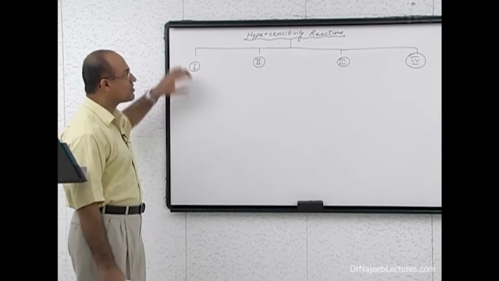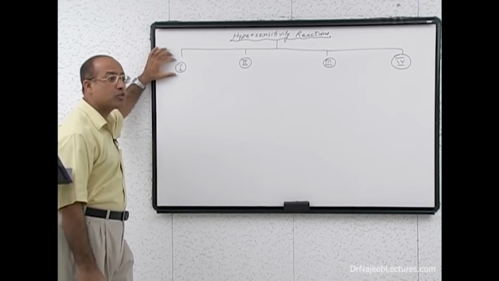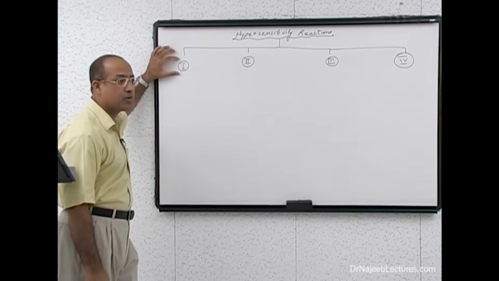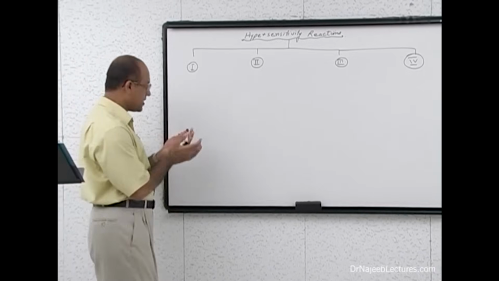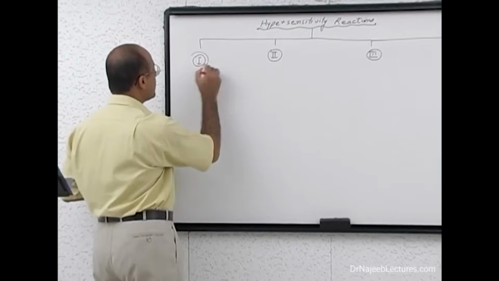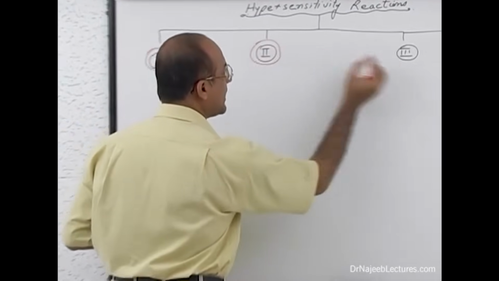The art of understanding is that you must be able to differentiate every type from the other types. First, you have to remember type 1, type 2 and type 3.